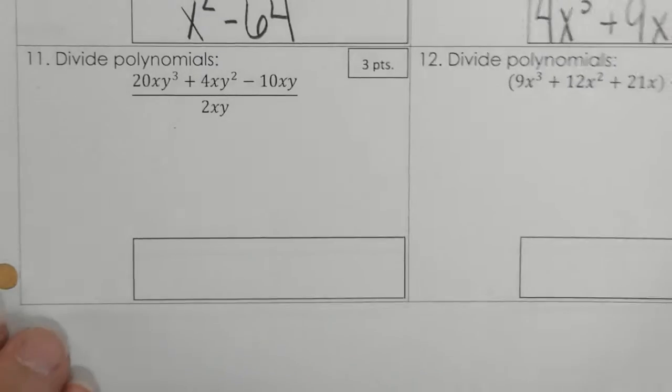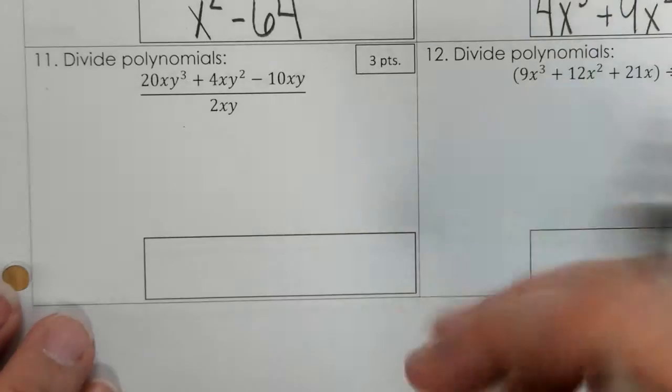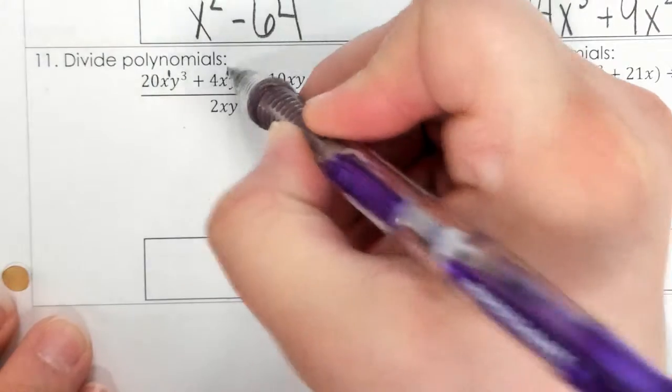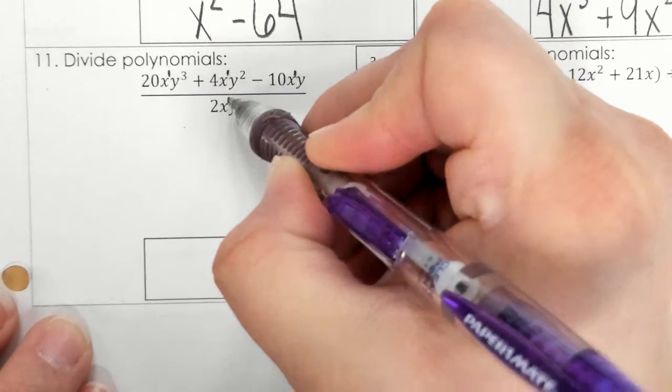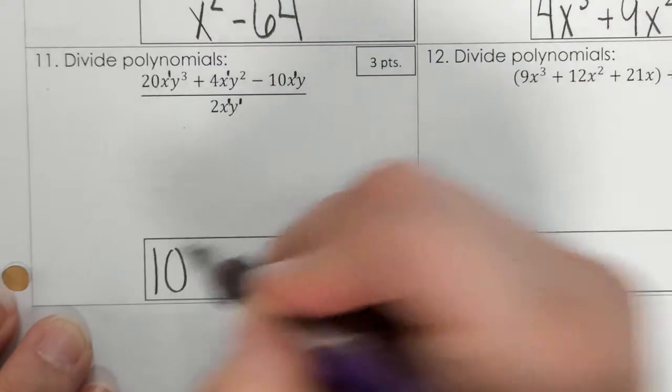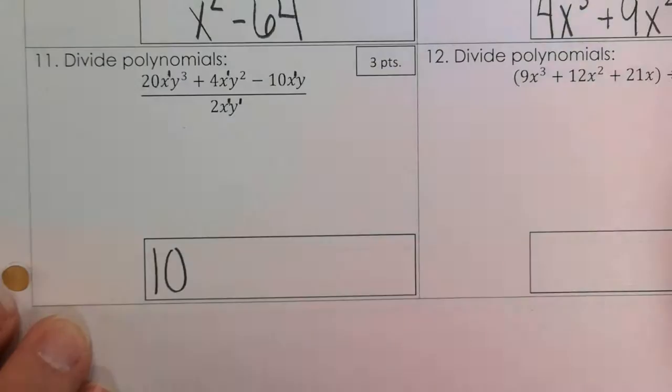Okay, the last two on this page is dividing, which means that you're dividing the numbers and you are subtracting exponents. So all of these x's have 1s on them. So 20 divided by 2 is 10. 1 minus 1 is 0.